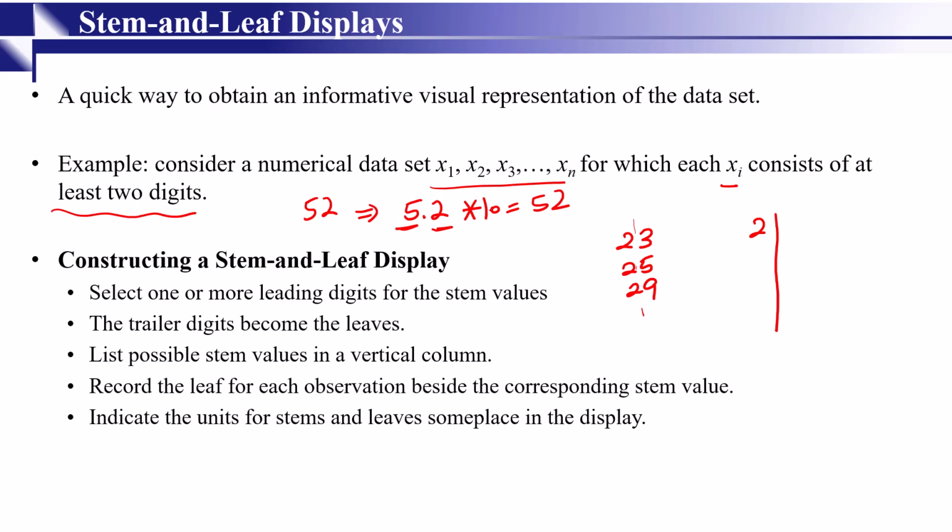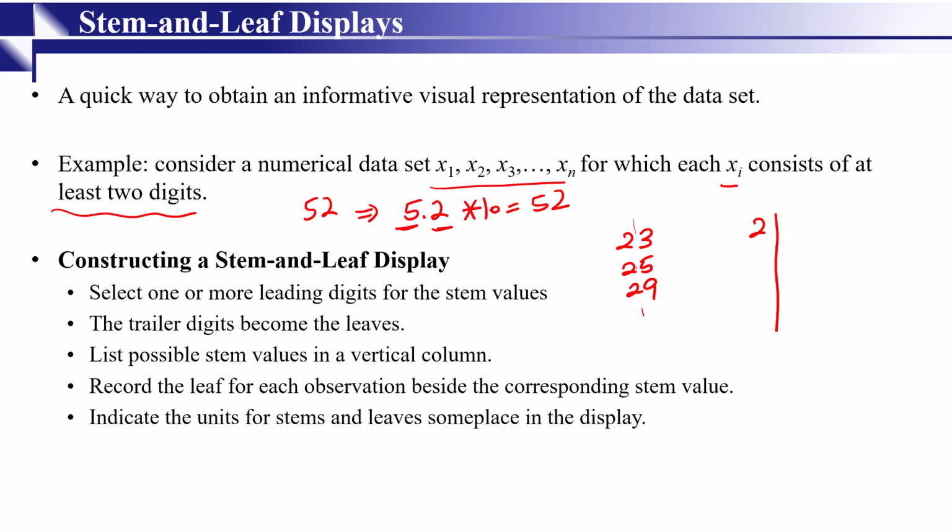Then we list possible stem values in a vertical column, arranged in ascending order. Then we record the leaf for each observation beside the corresponding stem value. And then we indicate the units for stem and leaves somewhere in the display.